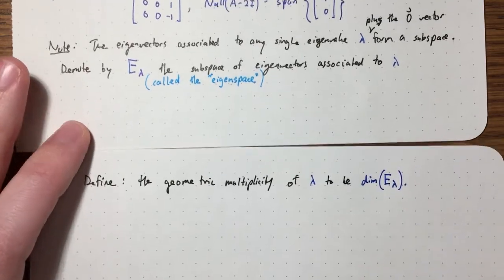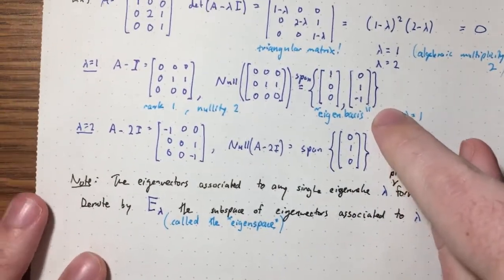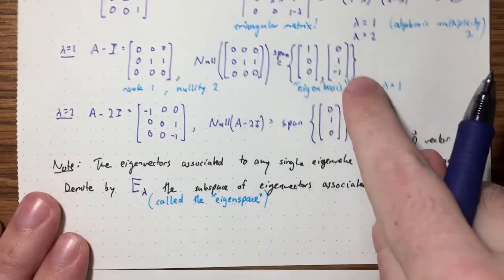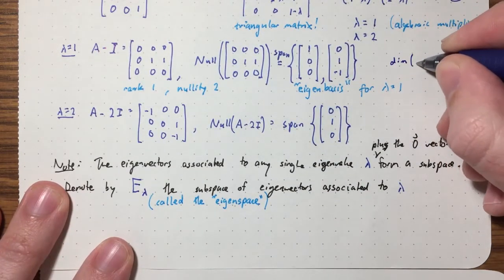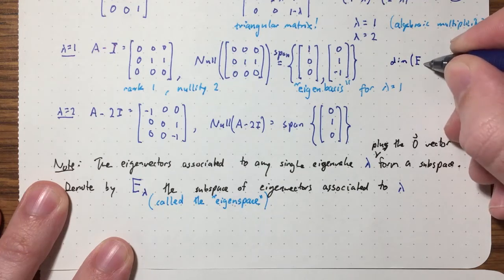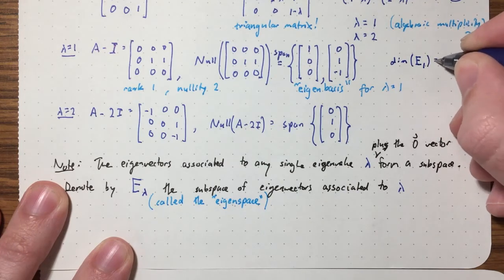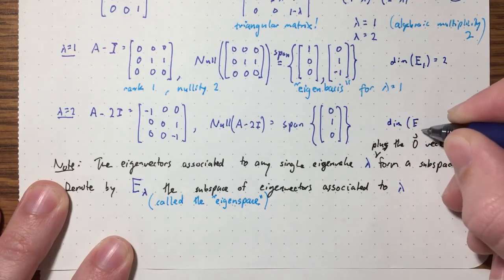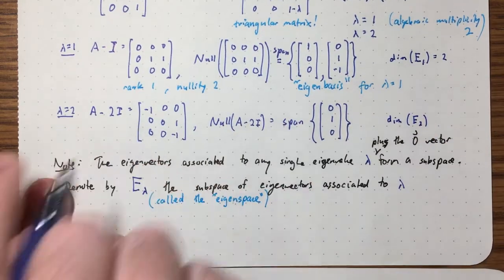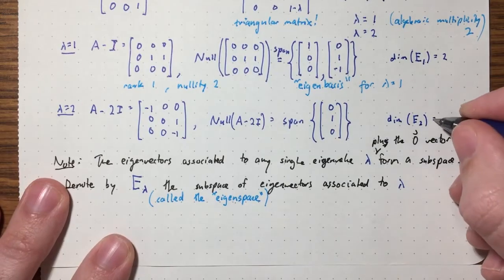Okay. So here for lambda equals 1, we had a two-dimensional eigenspace. So here the dimension of this E1 was 2, and here the dimension of E associated to lambda equals 2 was 1.